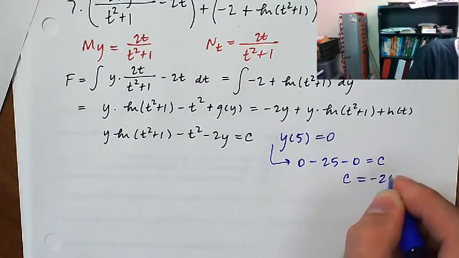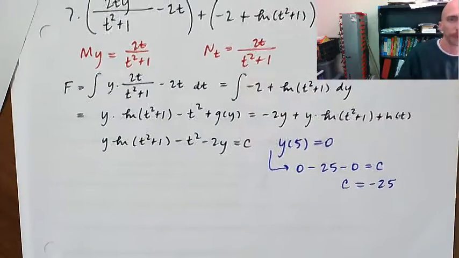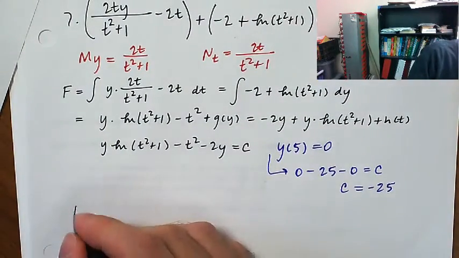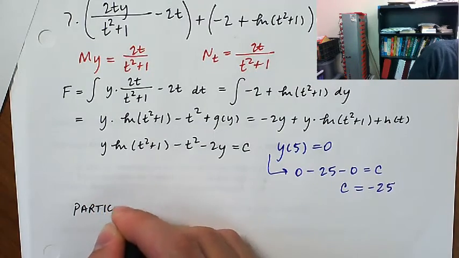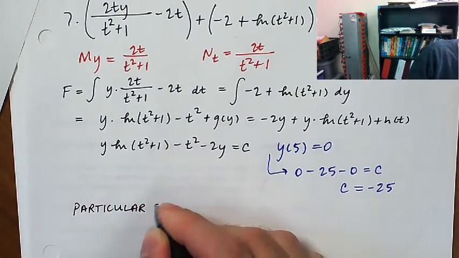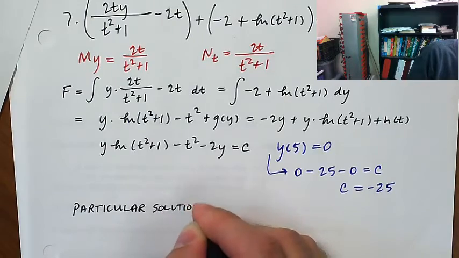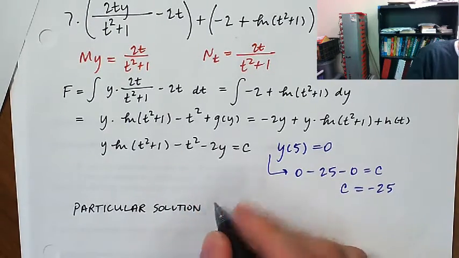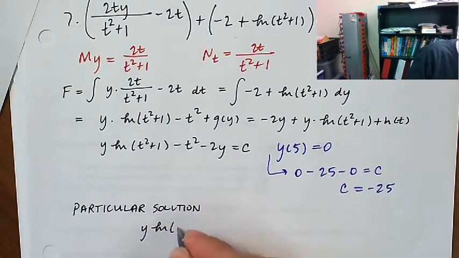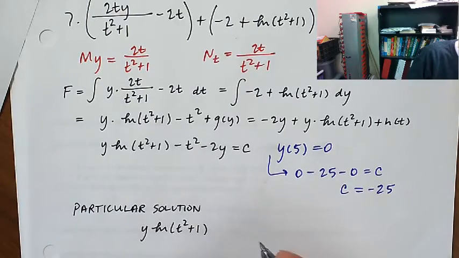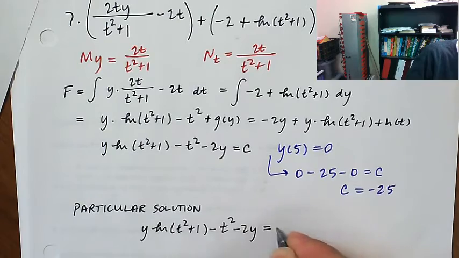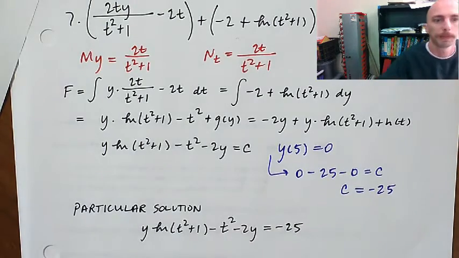So that looks like c is negative 25. And I've got my particular solution ready to go. So that'll be y log of t squared plus 1 minus t squared minus 2y equals negative 25.